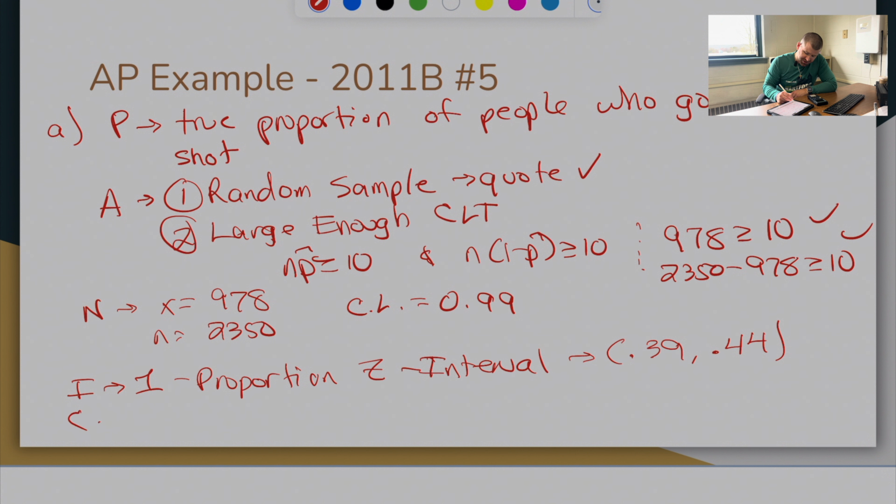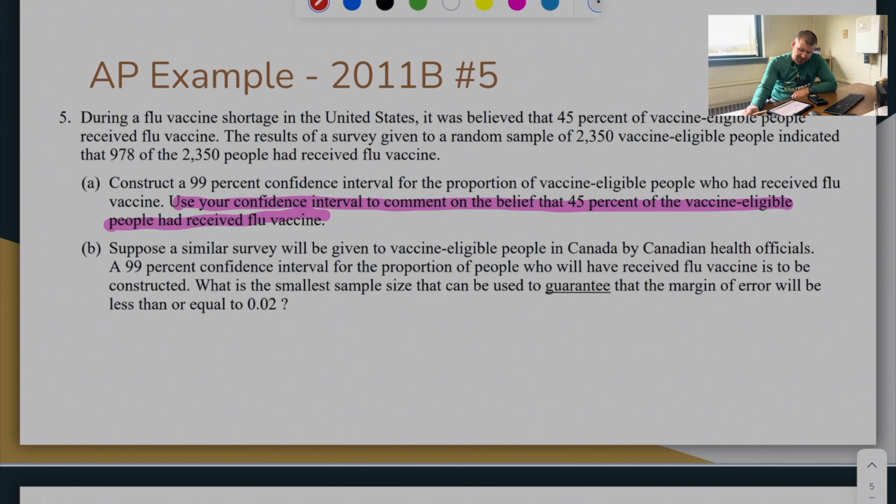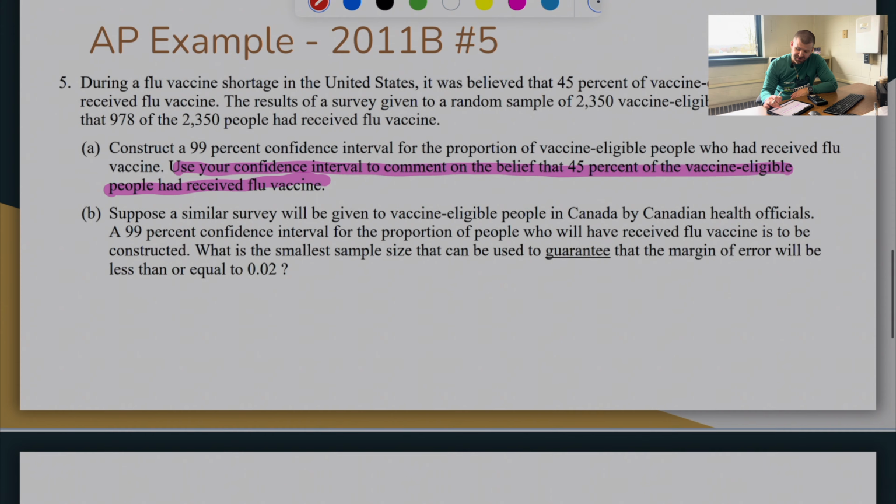So here is the thing that's great about this now. For my conclusion, if you remember, this is the "we are 99% confident" statement. But the important thing is, if I go back to the original problem, it is believed that 45% of vaccine-eligible people received the flu vaccine.